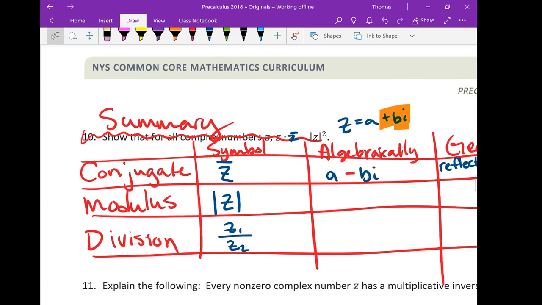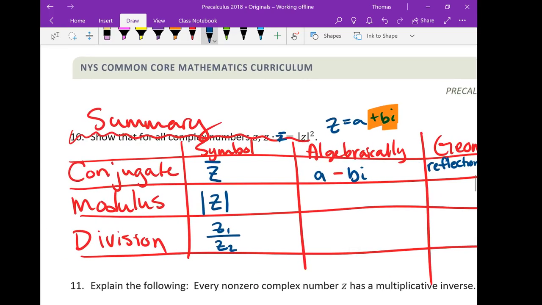All right, modulus algebraically. I'll remind us of our formula. We use the square root of a squared plus b squared. And that actually originated in the Pythagorean theorem. We'll come back to that more and more, but that's where that formula came from.